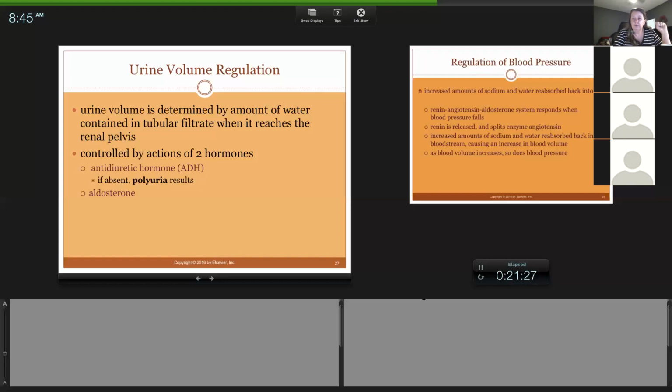But I will tell you, I'm talking about this for a reason, because I like to ask about this hormone. This is slide 27. If you're deficient in ADH, meaning the body cannot make as much ADH, which is in the pituitary, then you're going to get polyuria, which means what?